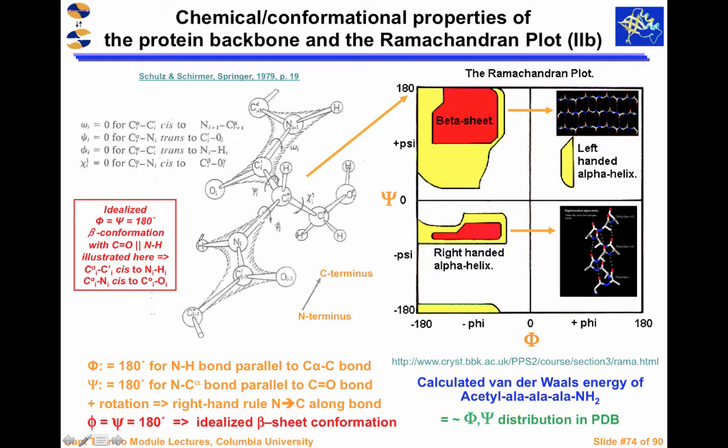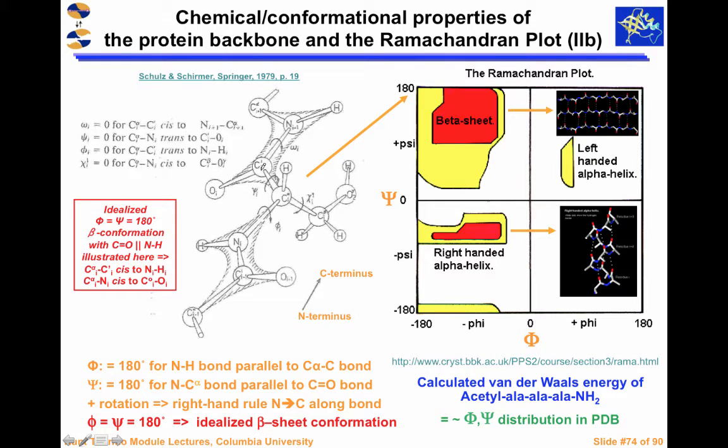Let's go to the NH first. So the NH now parallel to the C alpha C, that's a phi of 180. That means the phi of 180 has the NH trans to C alpha C, and that's what's written here. Phi is 0 for C alpha C trans to NH.